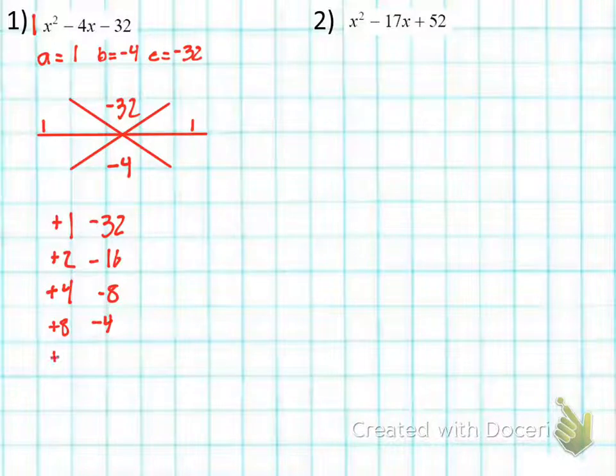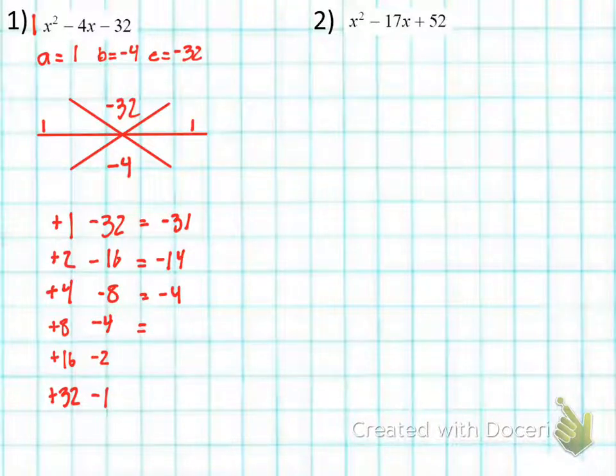positive 16 times negative 2, and positive 32 times negative 1, I'm sorry. Then you add these together. This is equal to negative 31, this is equal to negative 14, this is equal to negative 4, this is equal to positive 4, this one's equal to 14, and this one's equal to 31.